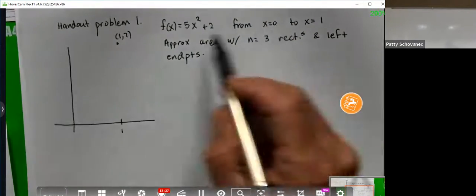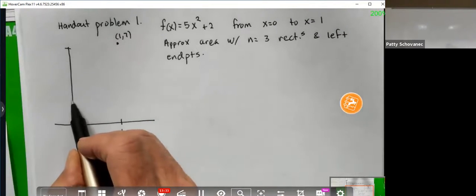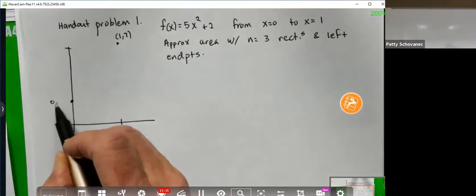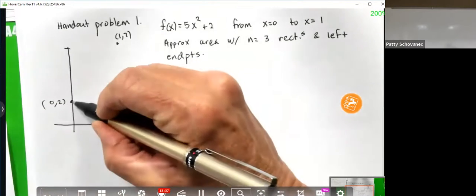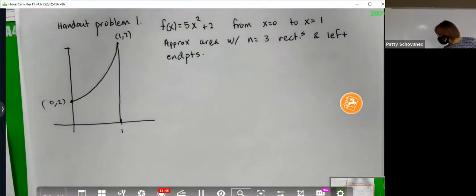And let's put the point 0, 2 here. That's 7, that's 3.5, so 2 might be about right here. Draw a piece of a parabola in there. Connect this with a vertical line. And now draw 3 rectangles in there.